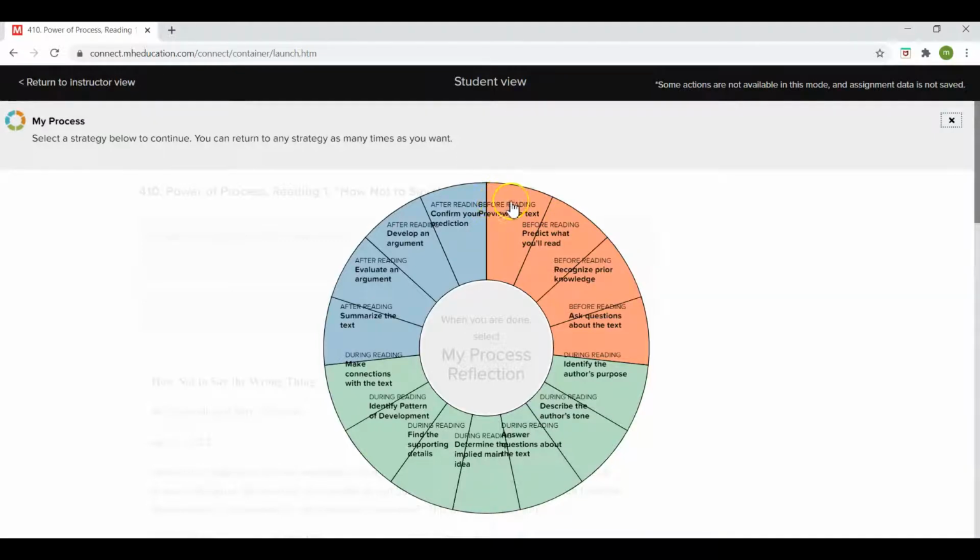This right here, before reading preview the text, is this slice of this kind of pie right here. And then before reading predict what you'll read is this one. Before reading recognize prior knowledge is this one. Before reading ask questions about the text is this one, and then so on and so forth. So whatever words are there, it's that slice.